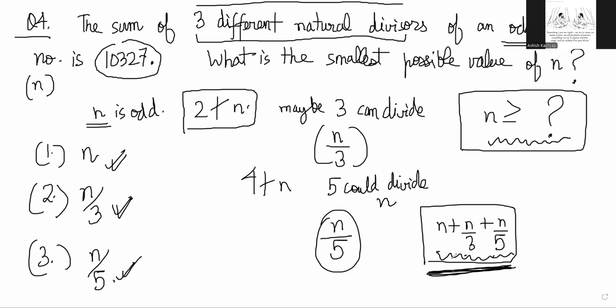I'm just saying the maximum possible value of three divisors can be this only, nothing else. So shouldn't this be greater than or equal to 10,327? Yes, there should not be any doubt in this. Any other three divisors would be smaller than this.